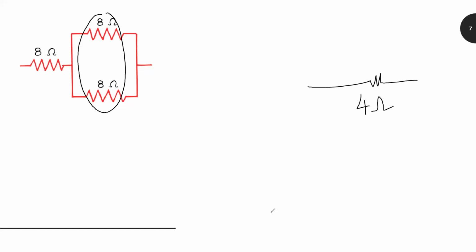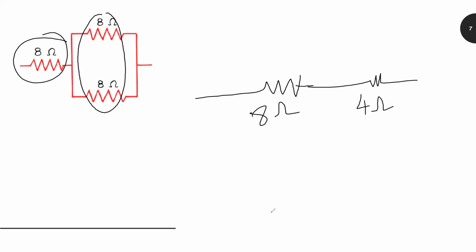So this 4 now, you will connect it to this resistance, which is 8. Then you will want to find the whole R equivalent, or the R total. Since 8 and 4 are connected in series, you will add them.